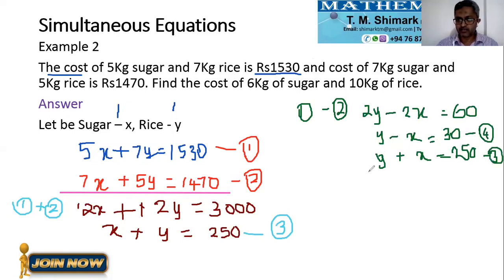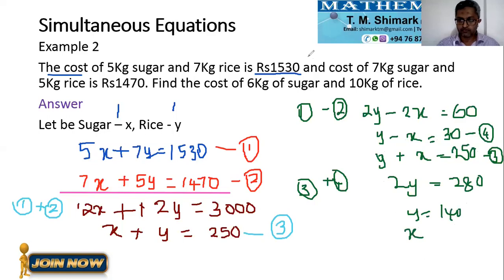So add these 3 and 4, you will get 3 plus 4 as the answer. I got the answer already, 2y, right? Minus x plus x will vanish, 280. So y is going to be 140. To find out x, what you'll do? Substitute method. You have to write down all these things.